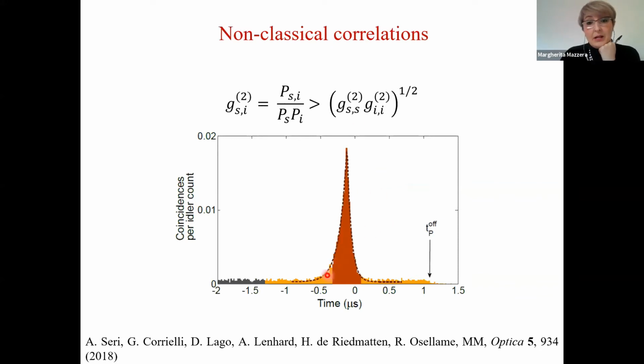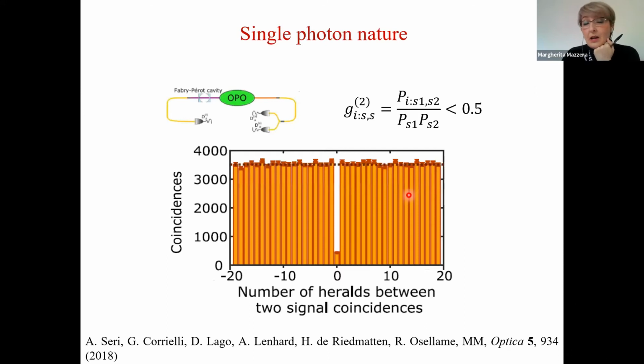So I'm showing you here an example of non-classical correlation between the idler and the signal photons, where you can appreciate a coherence time longer than 100 nanoseconds. At the same time, if we measure the heralded autocorrelation of the signal photon, we also see quite marked anti-bunching, which means that the quality of our photons is very good.